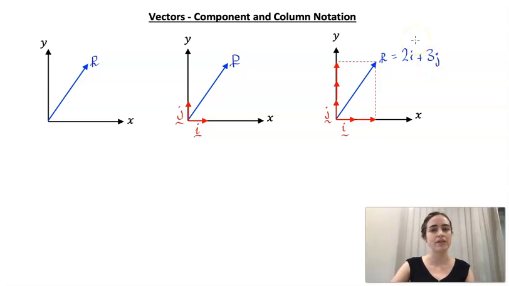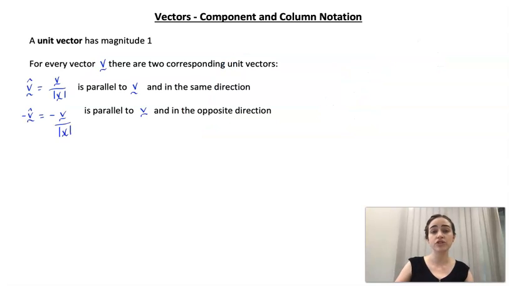Let's have a look at that a bit more formally. A piece of terminology we need to know is that a unit vector has a magnitude of 1. Those vectors i and j we introduced were unit vectors because they were 1 unit long. For every vector v, there are 2 corresponding unit vectors. If we take a vector v and put a little hat above it, that means we're finding its unit vector.